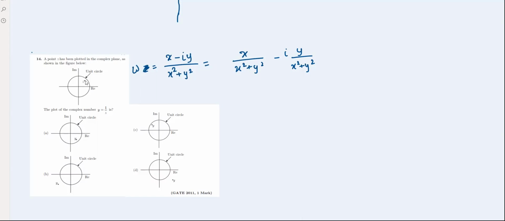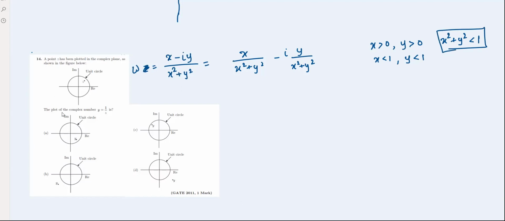Now, this is point Z on the unit circle. So given x is greater than 0, y is greater than 0, and both will be less than 1. Why? Because it is lying within the unit circle. So x square plus y square will be less than 1.